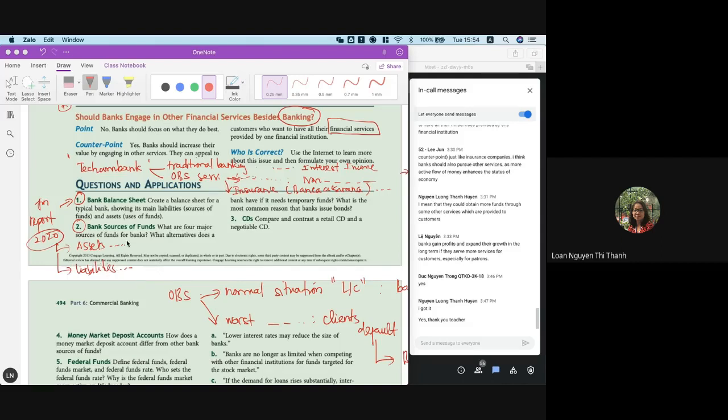But remember, when you see the items here, you can group them according to the theory. For example, under liabilities we have deposits. In deposits, we have transaction deposits, savings, time deposits, money market deposits, MMDA.